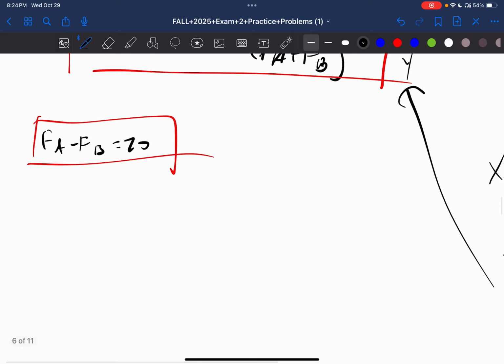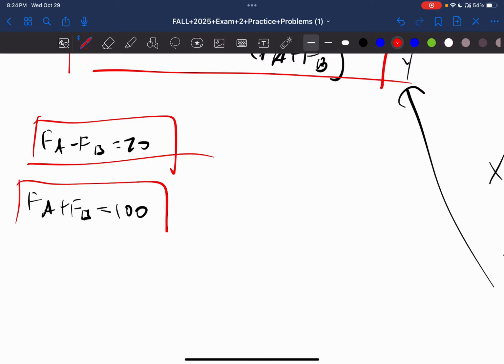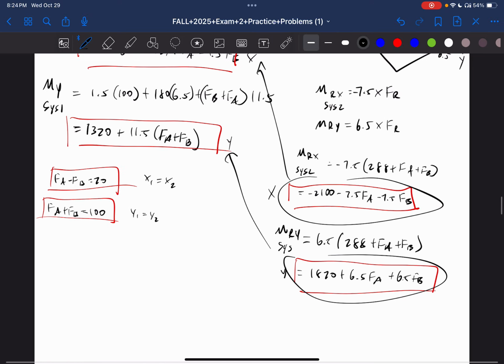Set the second one equal to each other, we're going to have FA plus FB is equal to 100. And again, this is solved by setting x of system 1 equal to x of system 2. This is y system 1 equal to y system 2. The moment.